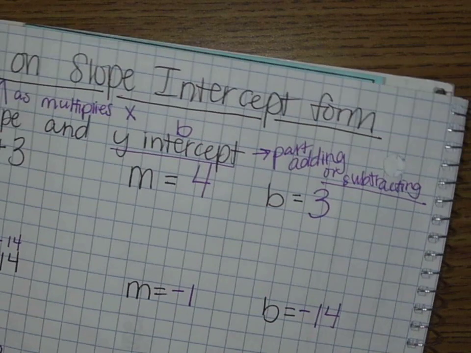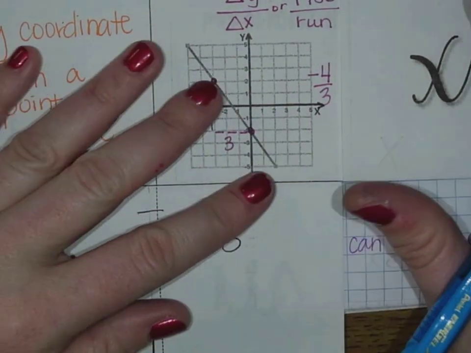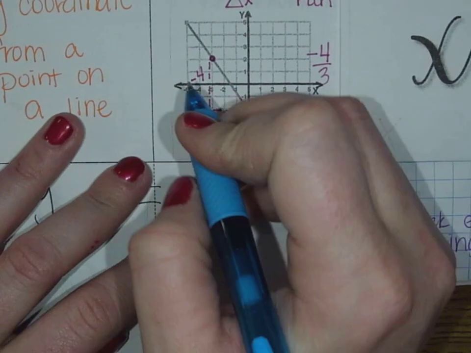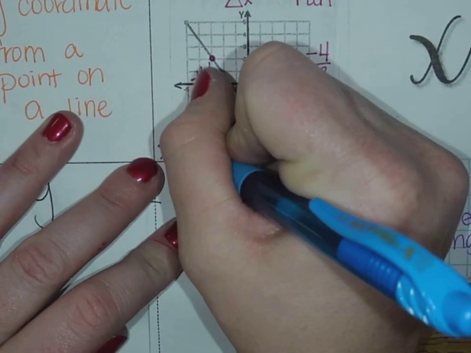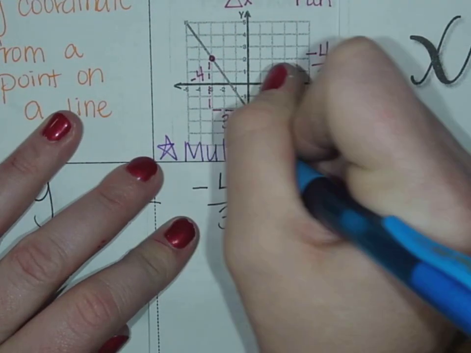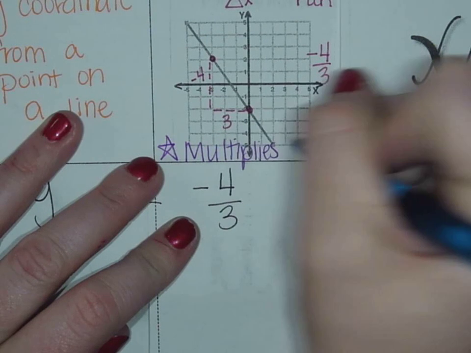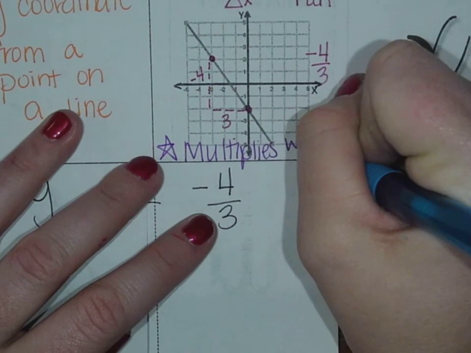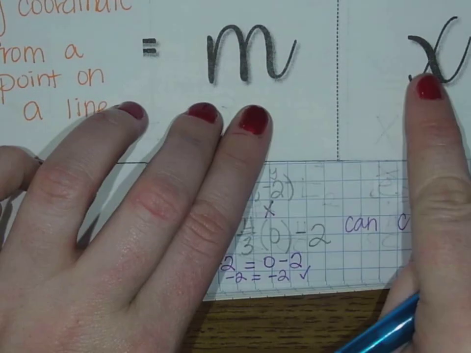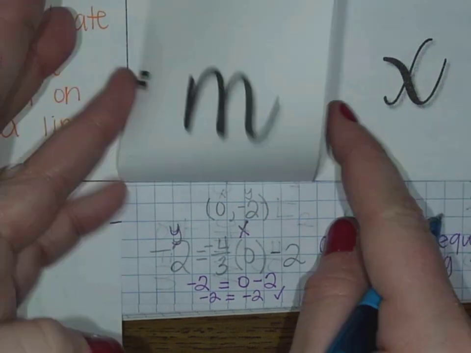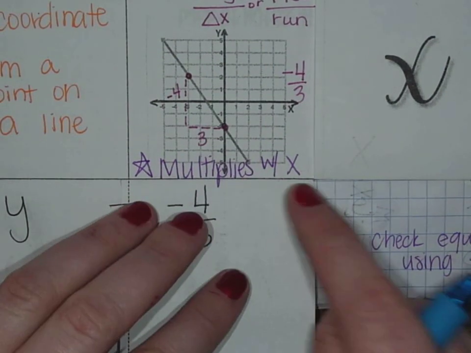So I'm going to go back over to my foldable and I'm going to add that note down here on this flap. Or no, I'll just add it right here. Multiplies with x. Notice it's mx. So it multiplies with x.